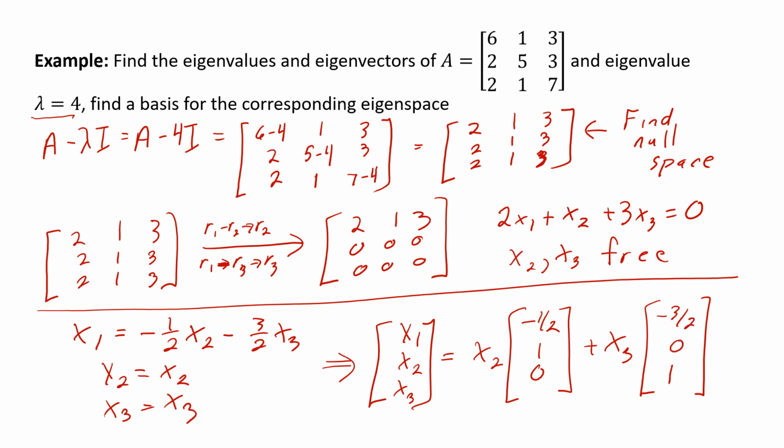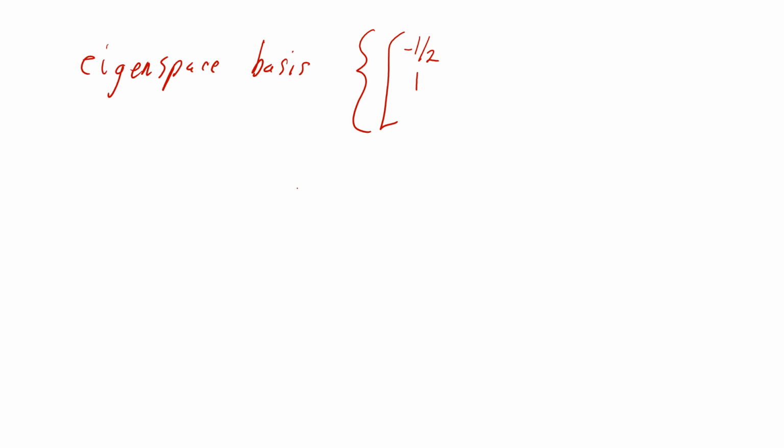This is just solving for null space that we've done all kinds of times. So this gives me the description of my eigenspace. My eigenspace has a basis of negative 1/2, 1, 0, and negative 3 over 2, 0, 1.